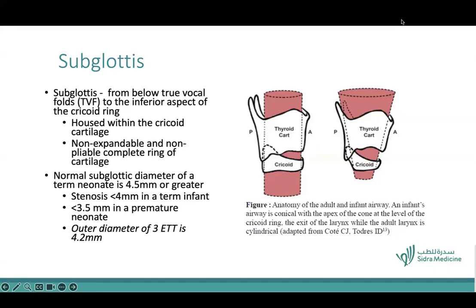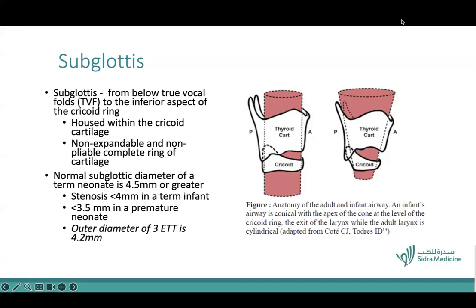And so when you're thinking about diameters and measurements, usually a newborn baby should accommodate a 3.5 endotracheal tube. And remember, the 3.5 millimeter endotracheal tube for a term infant means the inner diameter is 3.5. The outer diameter is usually about 4.5, 4.6.